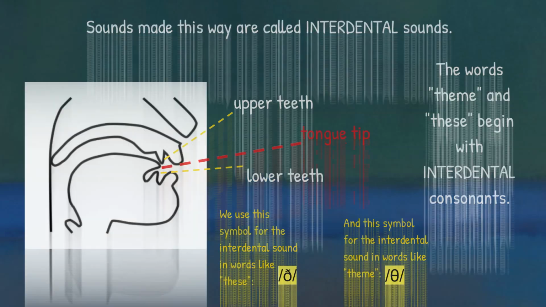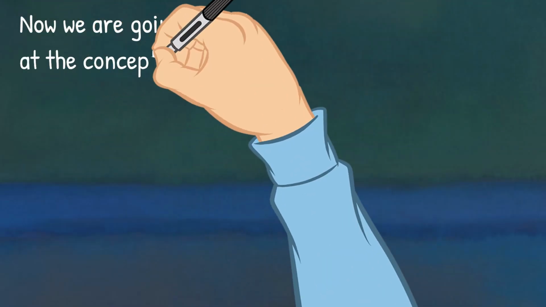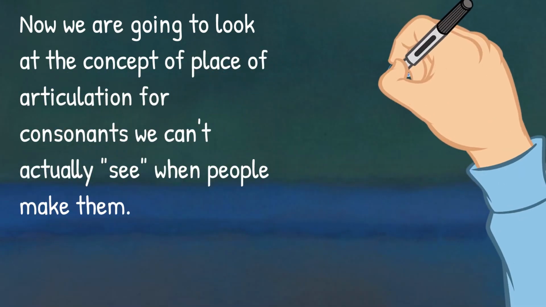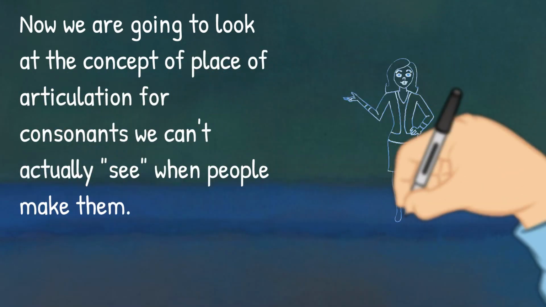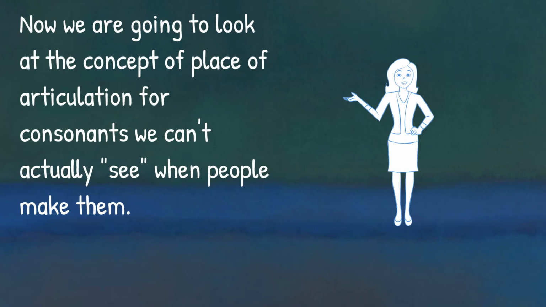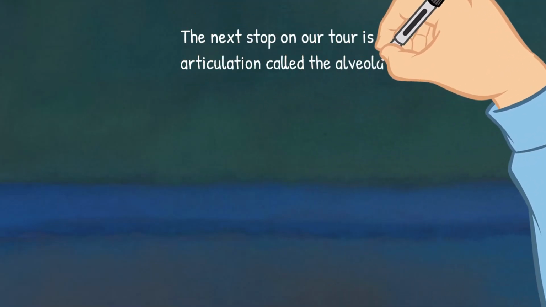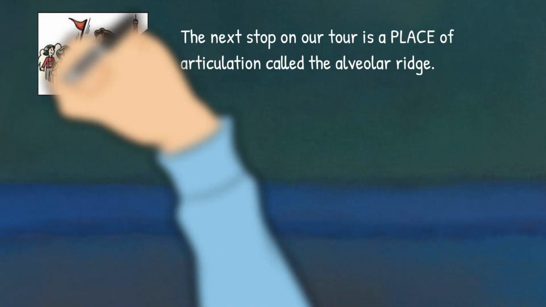Okay, now it's going to get a little more complicated because we're going to look at places of articulation for consonants that aren't actually visible. That is, we can't see them when people are speaking. And the next stop on our tour is going to be a place we're going to call the alveolar ridge.